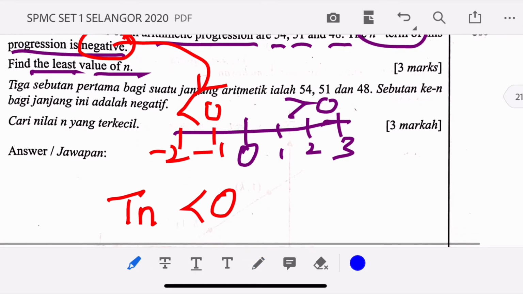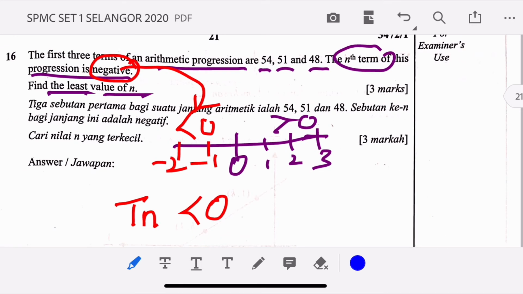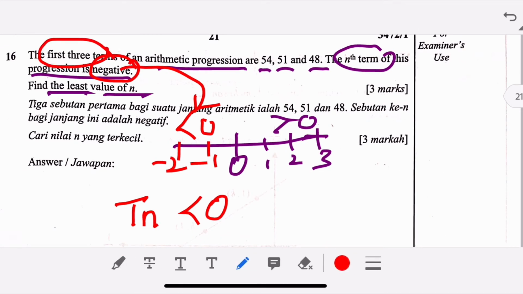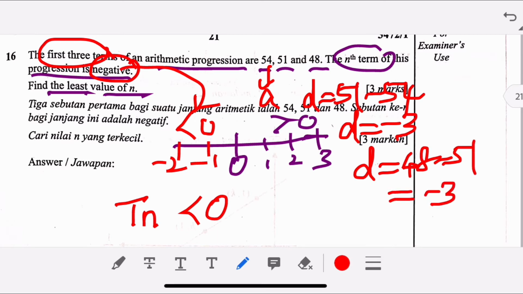For the nth term, the A is 54 because the question mentioned the first three terms. And the D is 51 minus 54, which is -3. D is also 48 minus 51, T3 minus T2, which is -3.